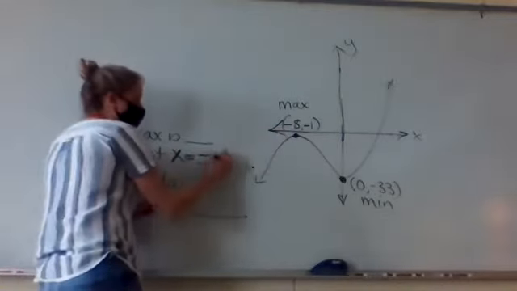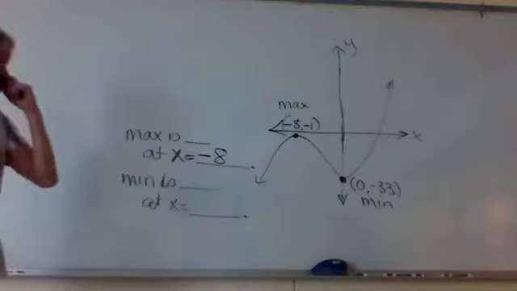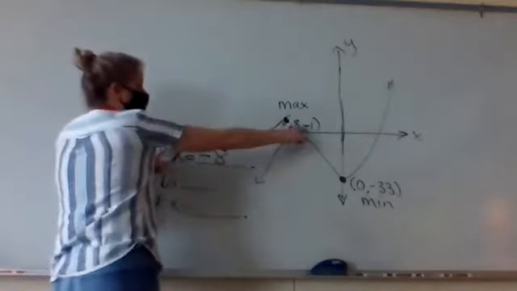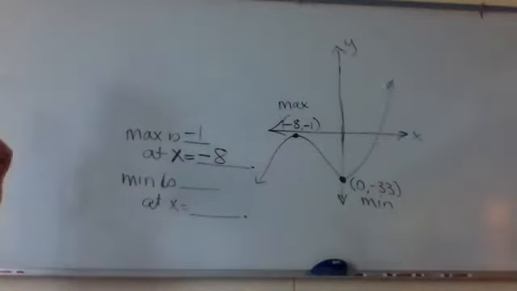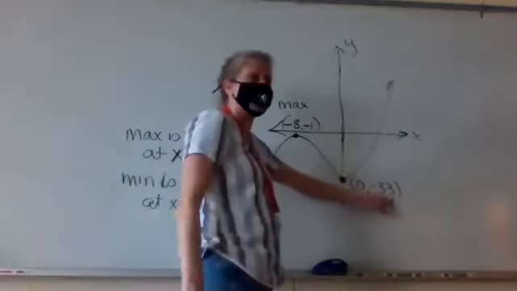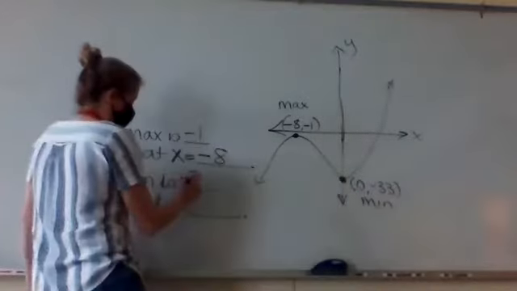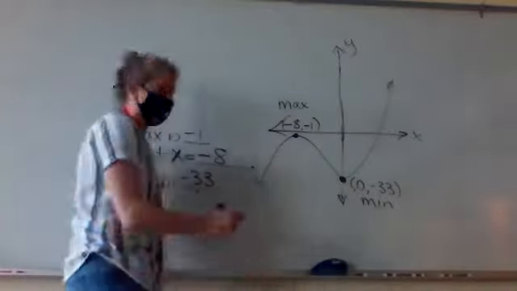So make sure you put that in the part that says x equals. And what is the maximum? -1. The minimum, the value is the y. So the minimum is -33, and it occurs at x equals 0.